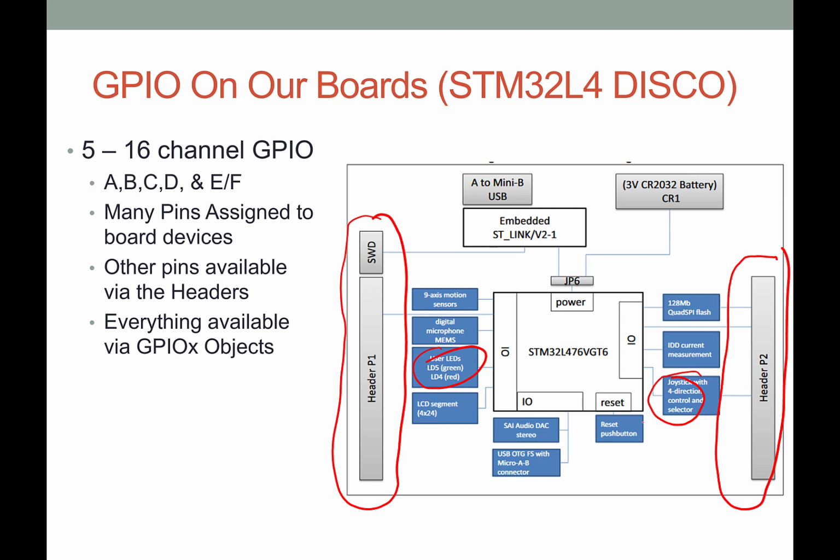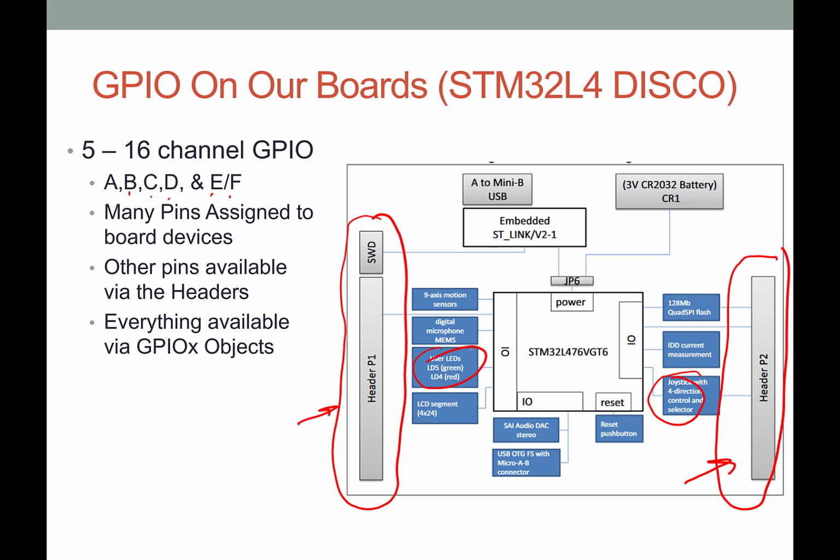You can see that just the ARM controller by itself has GPIO ports A, B, C, D, E, and F. Now, you don't have access to all of those pins from those ports on the discovery board. Lots of them go out to these spots here and here, but not all of them.